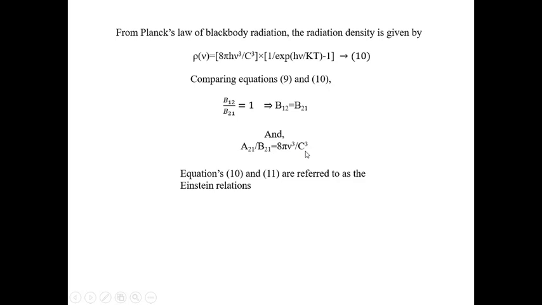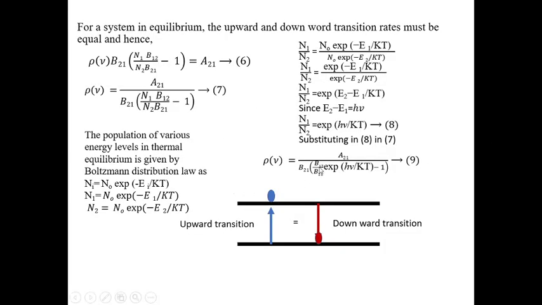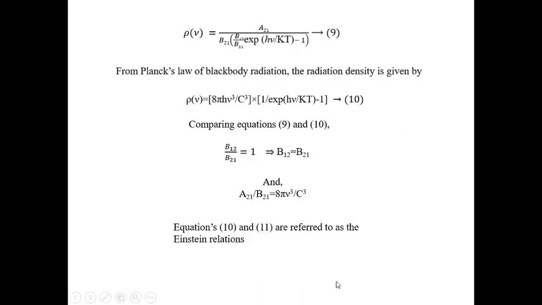And if I write now (B12/B21) exp(hν/kT) here, by comparing the 9th and 10th equations. The 9th equation, the energy density equation we have just derived, is A21/B21 × 1/((B12/B21) exp(hν/kT) − 1). From Planck's radiation law of black body, the radiation density is ρ(ν) = 8πhν³/c³ × 1/(exp(hν/kT) − 1), the 10th equation.